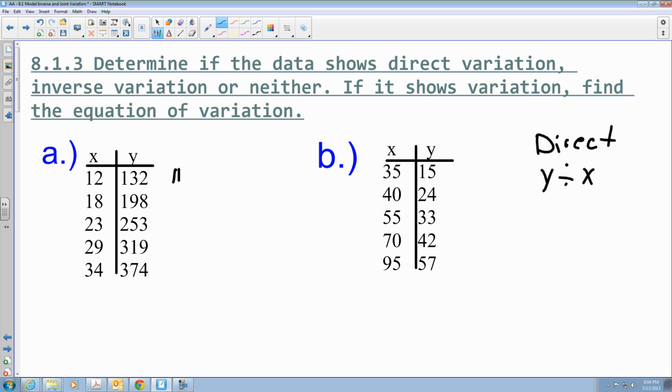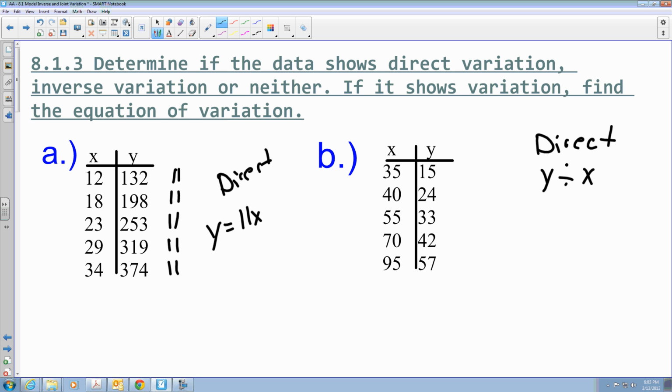I've got 198 divided by 18, which also gives me 11. 253 divided by 23 gives me 11. 319 divided by 29 is 11, and 374 divided by 34 is also 11. Since they are all the same, I can conclude that this is a direct variation, and I can write this as the equation y equals 11x.